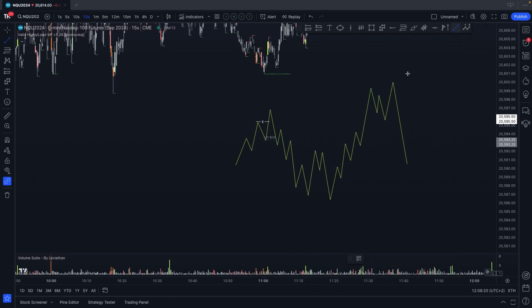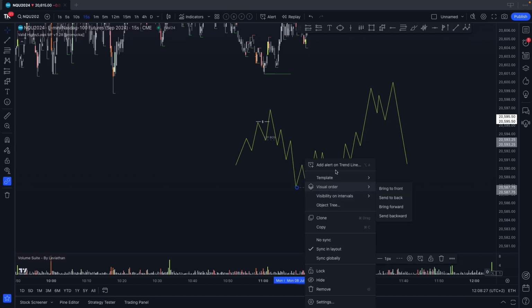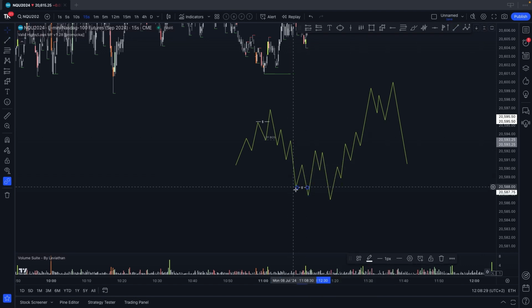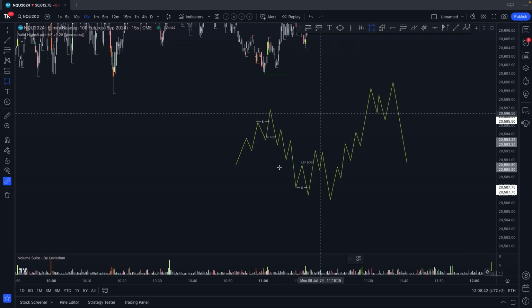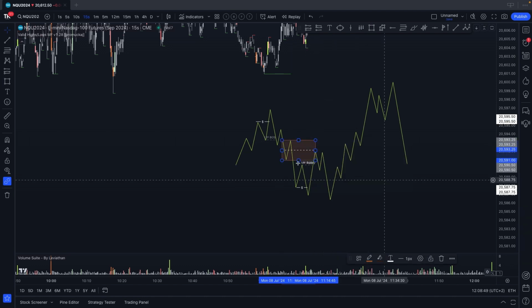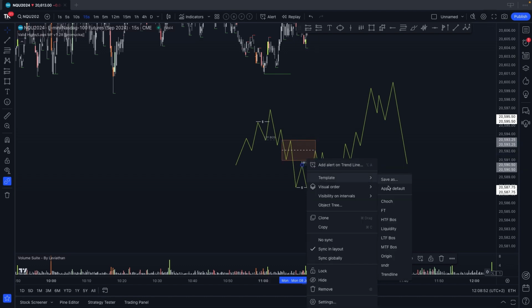So for example, it's just an example, okay guys, so if this is liquidity, we have a breakout of structure here, so we expect moving higher, but this is only a move to grab the liquidity here, so this becomes liquidity.